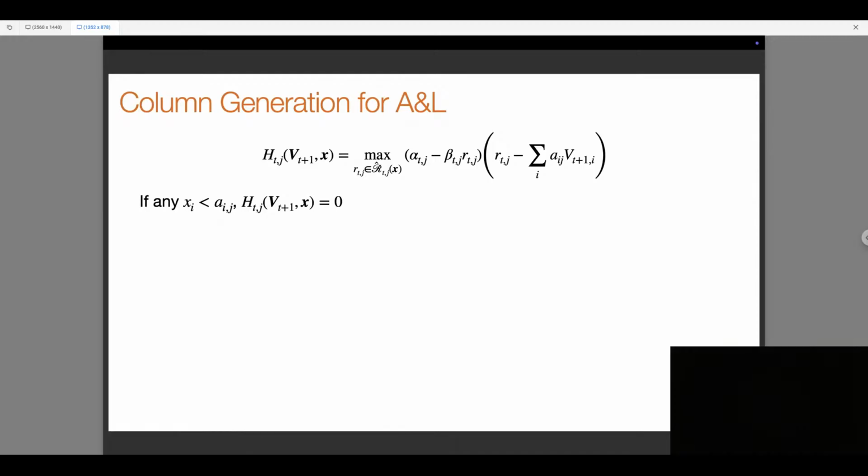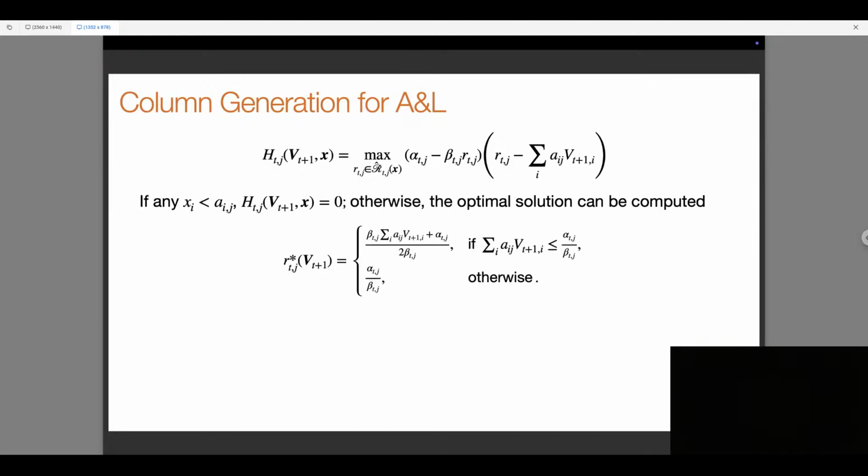And if there is any xi less than aij, means that it is not possible to produce the product j, the Htj function will equal to 0 because we cannot afford to produce it. And otherwise, the optimal solution of this Htj function can be computed with the optimal solution r star tj, denoted in this way.